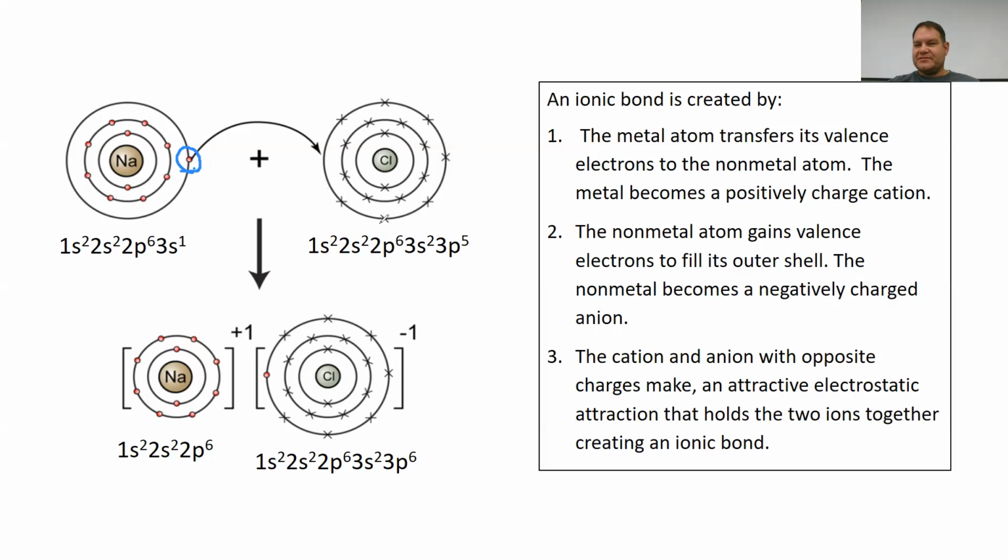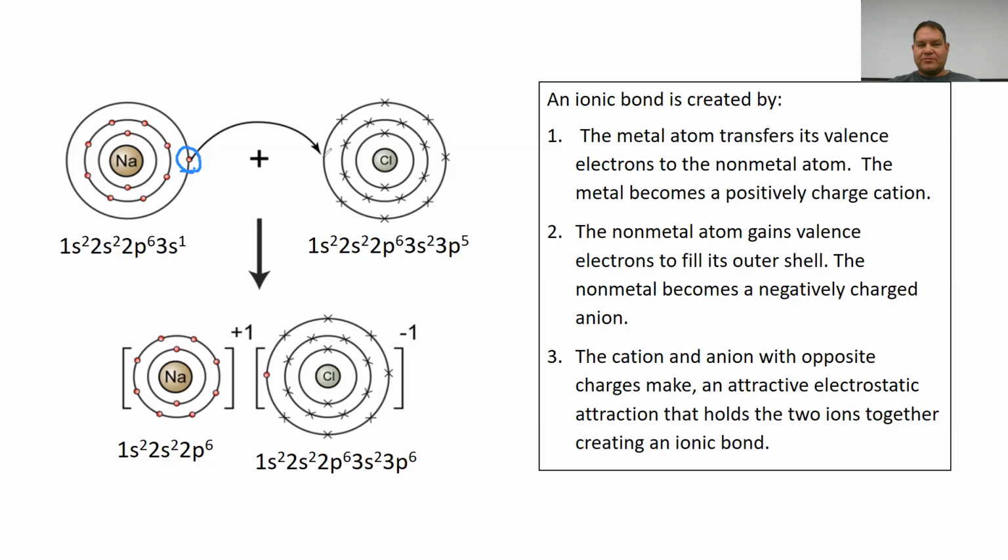Instead of losing electrons, because they have very high ionization energy, so they can't really get rid of their electrons very easily, it's easier for them to actually pick up electrons. So if sodium loses 1 electron, there's a free electron now available for the nonmetal, chlorine, to pick up.